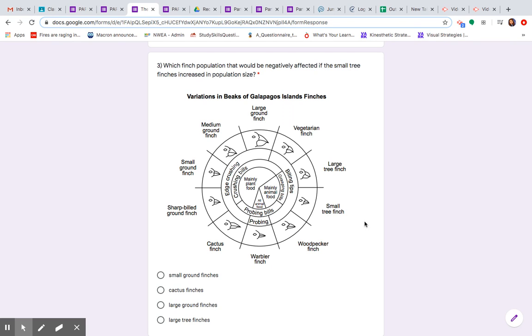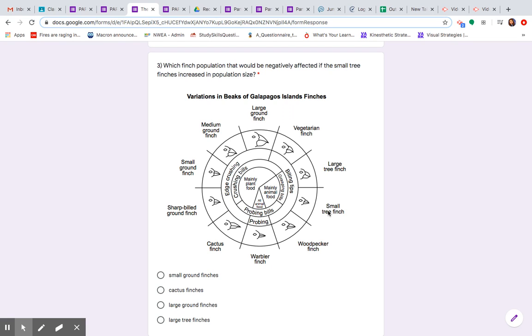Would it be 1, small ground finches, 2, cactus finches, 3, large ground finches, or 4, large tree finches?